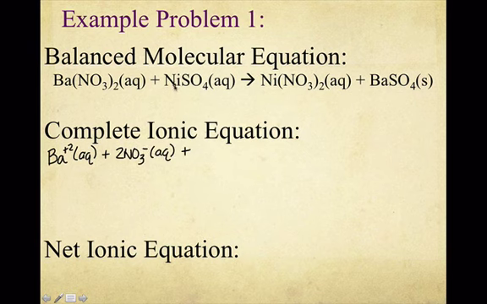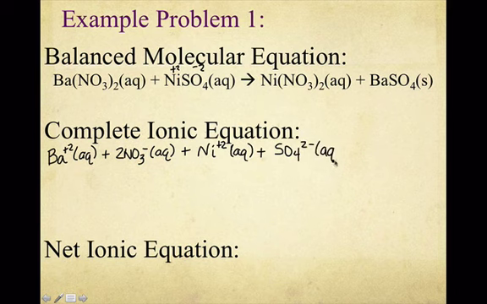Plus, moving on to this one, we have nickel, and this nickel must be a +2 charge because sulfate is a -2. So this would be nickel 2+, and I'd put the AQ, plus I have the sulfate anion, and that takes care of all my reactants.